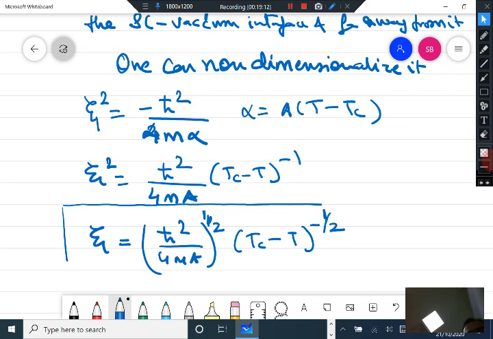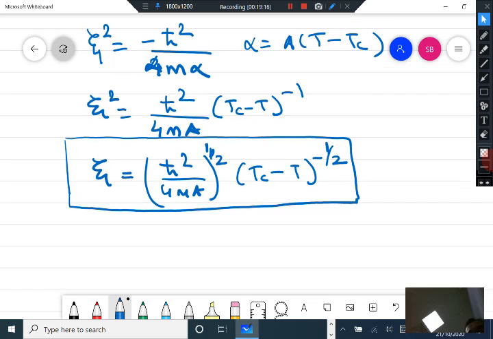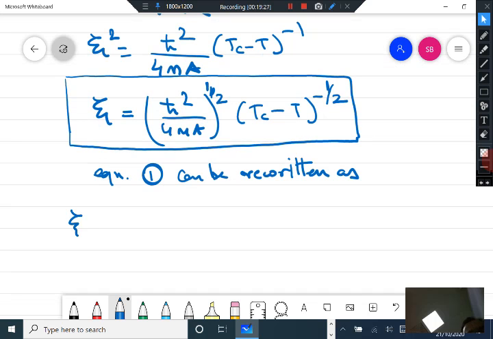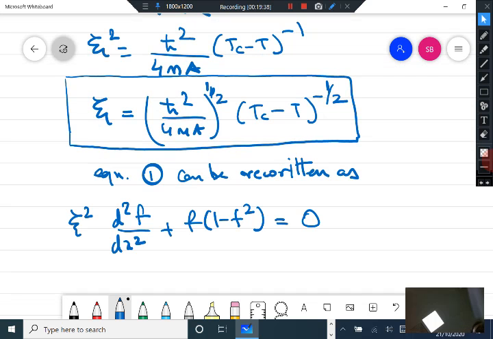So this is a length scale, and your equation 1 can be rewritten as xi square d square f by dx square plus f into 1 minus f square is equal to 0.